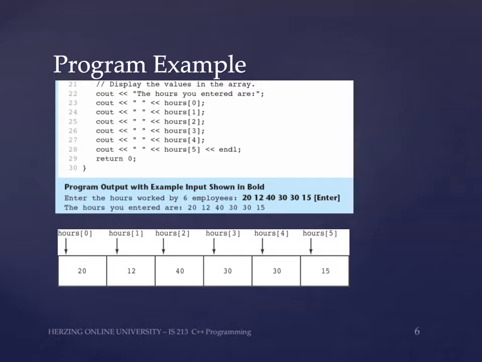Here are the contents of the hours array with the values entered by the user in the example output. So for hours[0] we have 20, hours[1] is 12, 40, 30, hours[4] is 30 again, and hours[5] is 15. So the user enters 20, 12, 40, 30, 30, 15 and presses enter. Then these values get stored in the locations as you see displayed on the screen.